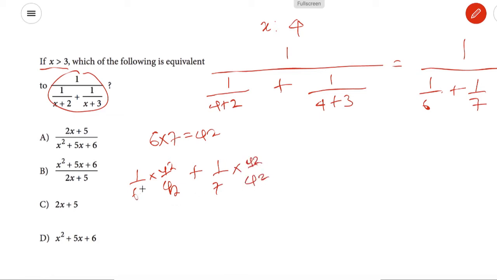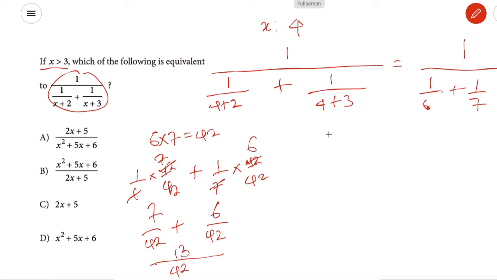At this point, you have that 6 divided by 42 is what? 7. So this is 7 over 42. And 7 divided by 42 is what? 6. So you have 6 over 42. Now that they have the same denominator, you can actually add up the numerators. So you have 42 at the denominator, and 7 plus 6 is 13.